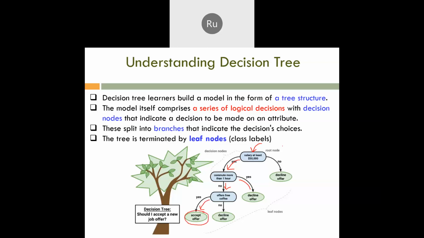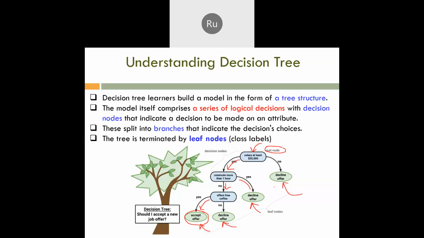Okay. So one thing that we need to know about decision tree: we have the root node, which is where you start checking the values, and at the end of your tree you will have the leaf. The leaf will be the class label, so whether you accept or not accept.